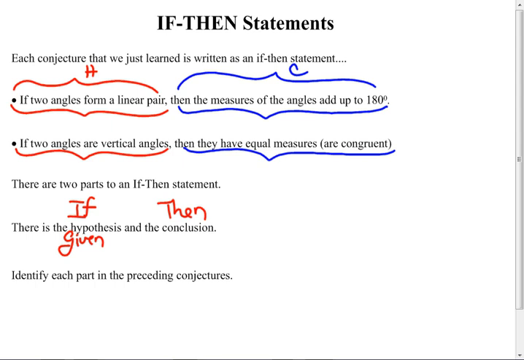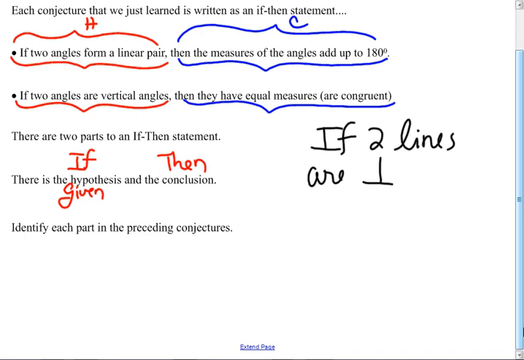If two lines are perpendicular, we should know that. Do you guys know the symbol for perpendicular? It's this little cross thing. That means perpendicular. You can write it out if you want. I don't want to write it. So if two lines are perpendicular, what conclusion can you draw?